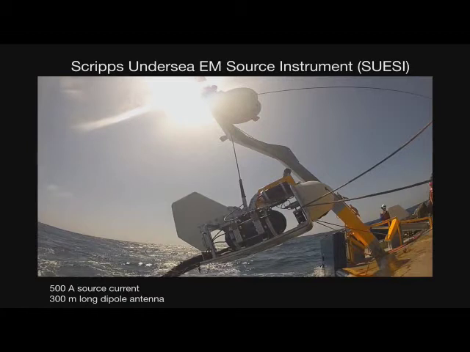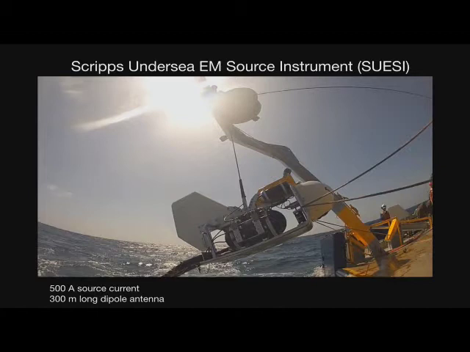Okay, thanks. Okay, so to collect the controlled source EM data, we use the same receivers like I showed in the previous movie, and then we have a transmitter. The transmitter that we developed at Scripps is known as SUSY, the Scripps Undersea EM Source Instrument. Basically it takes a high voltage signal that you put on the deep tow cable here, and then inside this pressure case is a really large transformer.